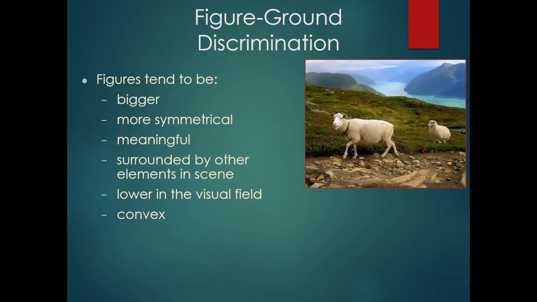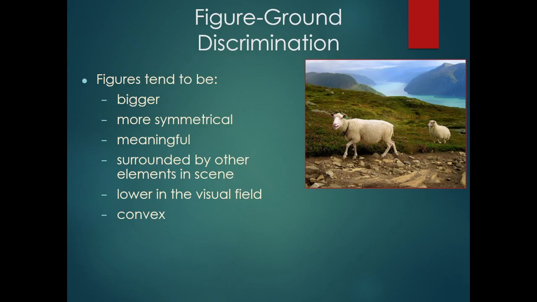For example, the sheep that's catching my attention, the one in the front, is probably objectively way smaller than a lot of things in the picture, right? Smaller than the body of water, smaller than the hills around the body of water. But the retinal image that it's casting is bigger than those other items. You could stop this video and physically measure it, and you'll see that the sheep is the biggest thing that's landing on our retina.